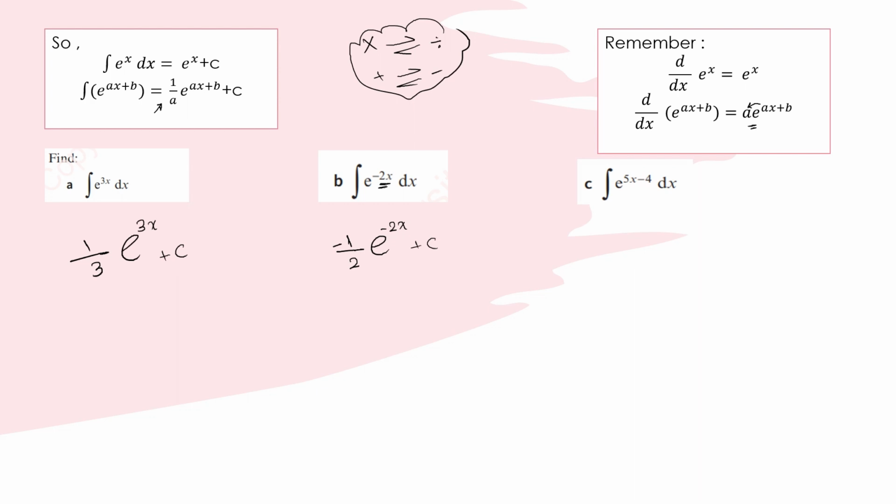Here also, e power 5x minus 4 plus c, but don't forget to write the differentiation of the power, so I will write 1 over 5.